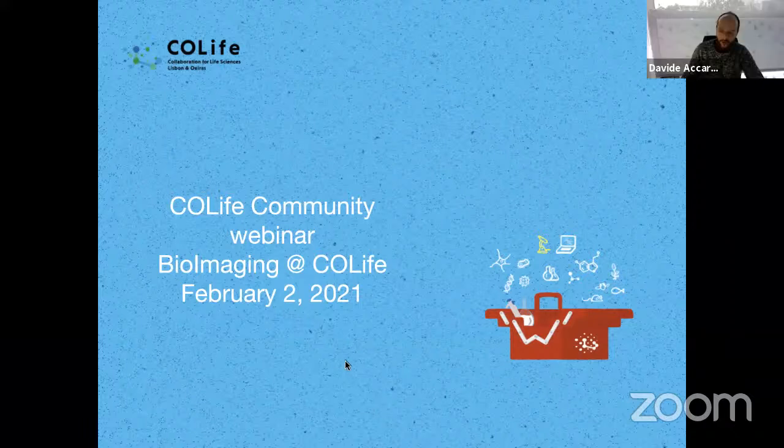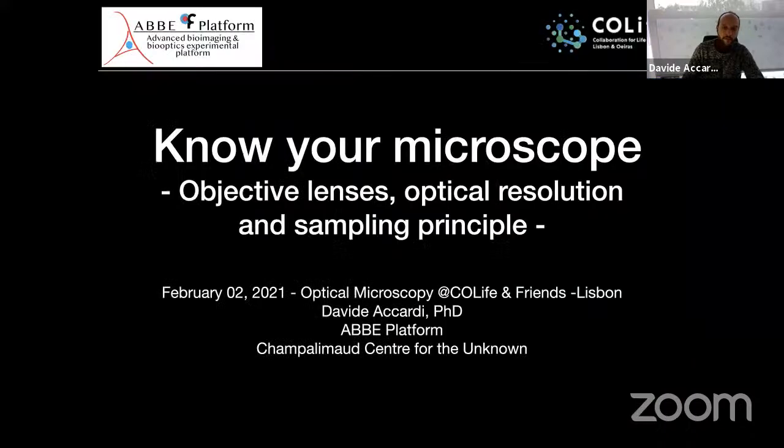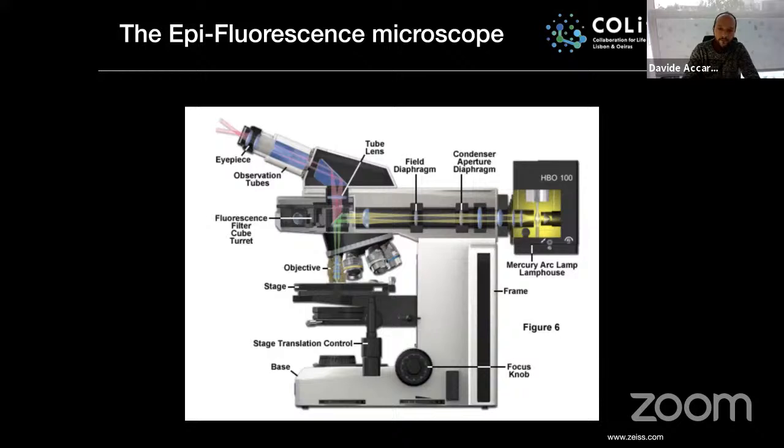Okay, so welcome everybody. Thank you, Mariana, for the kind presentation. Today I will tell you about the importance of knowing your microscope, your optical system, in particular objective lenses, and then we will talk about optical resolution and sampling principle. We will start with a scheme of the epifluorescence microscope.